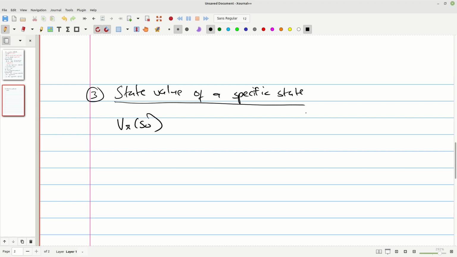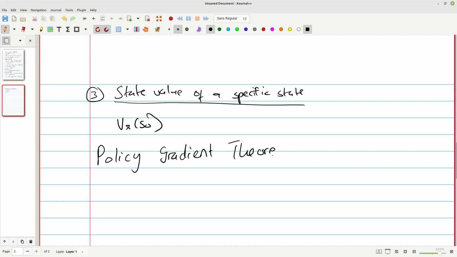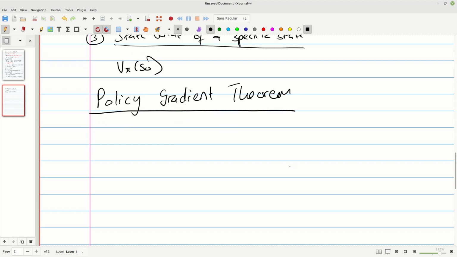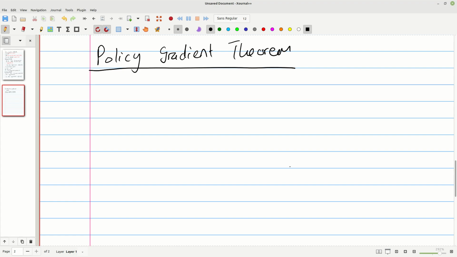But let's actually go into the most important part of the lecture, which is the policy gradient theorem. Right. So this is essentially the core of the lecture, to be fair.